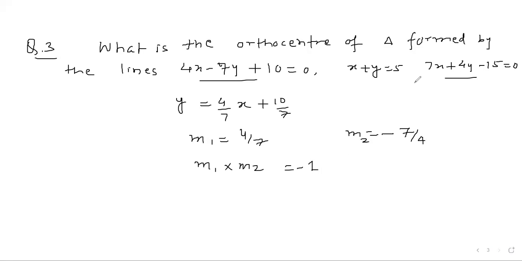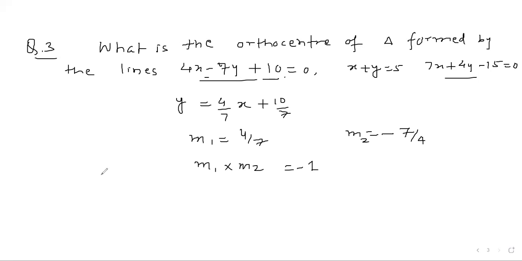And we know that the orthocenter is the point where all three altitudes of a triangle intersect. Since these two lines are intersecting each other at 90 degrees, it means they are altitudes. So let's find the point of intersection.